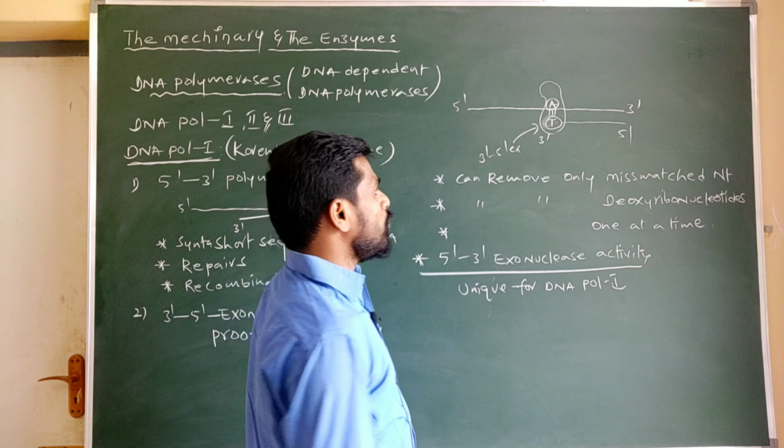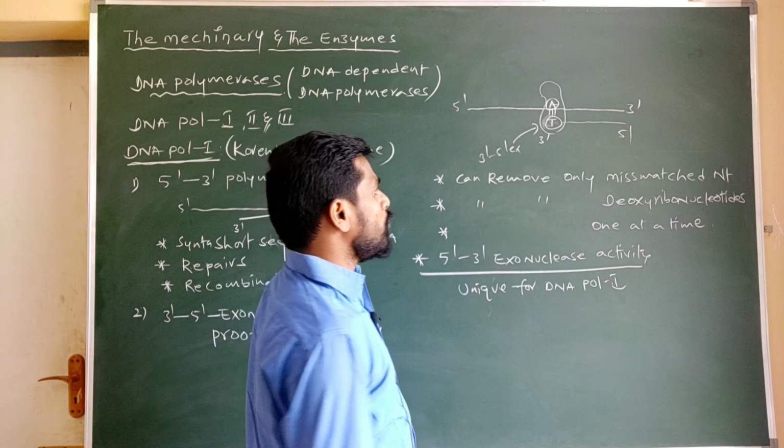and it can remove both deoxyribonucleotides and ribonucleotides also. And this 5' to 3' exonuclease activity can remove the nucleotides more than one at a time.